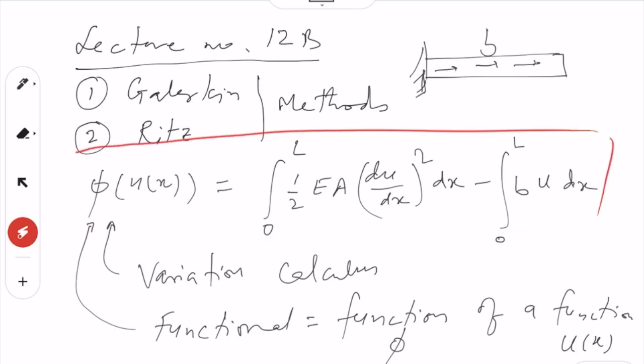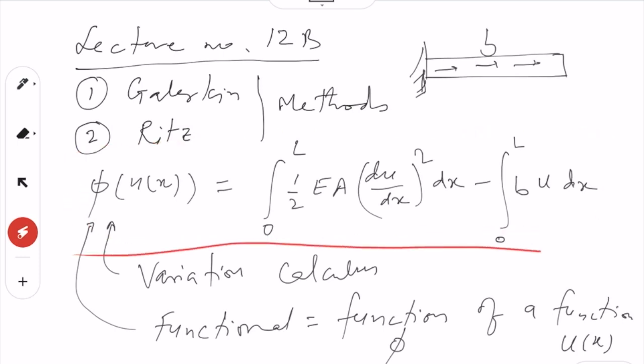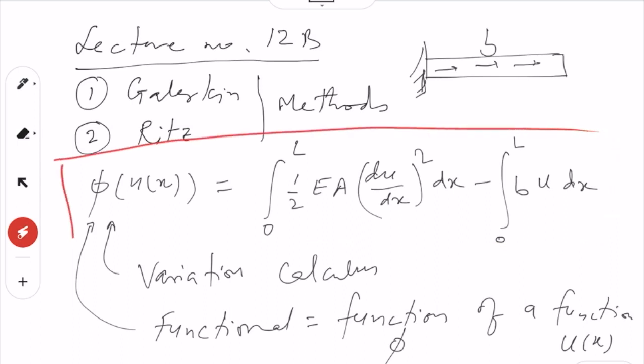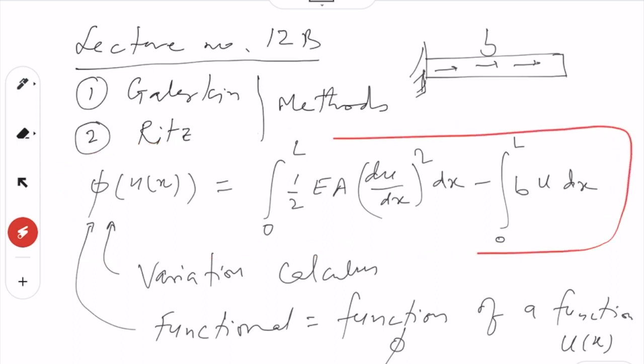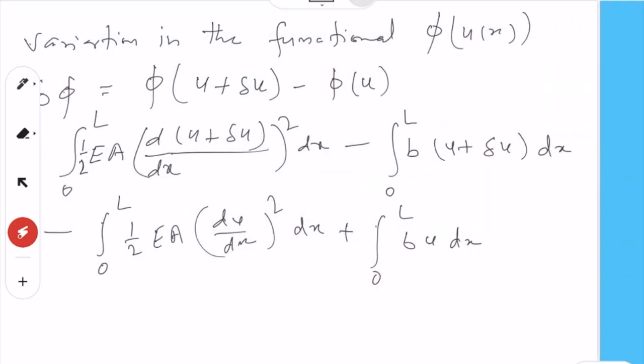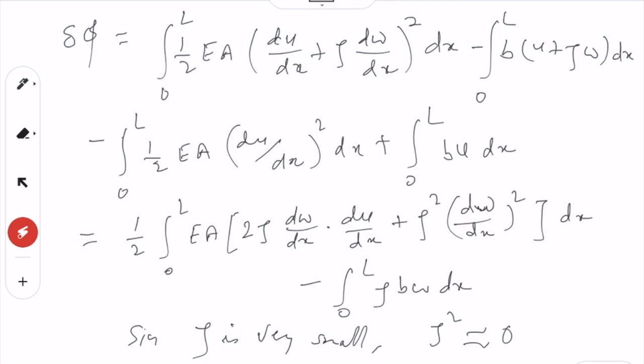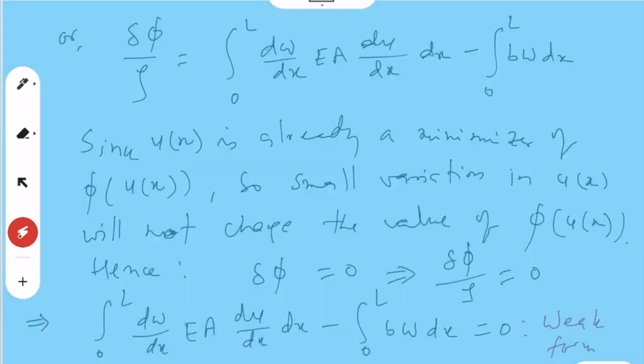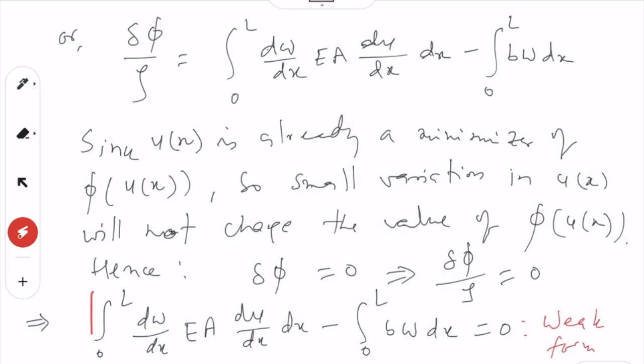So, you are expressing u in terms of energy, and the solution will be the one which minimizes the potential energy. And in the other case here, this is in the form of the change in the functional.